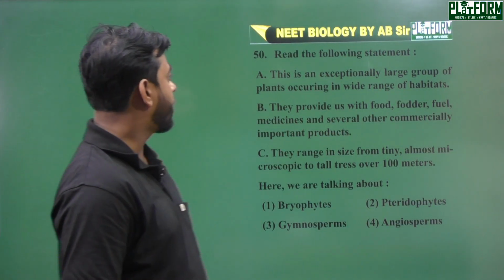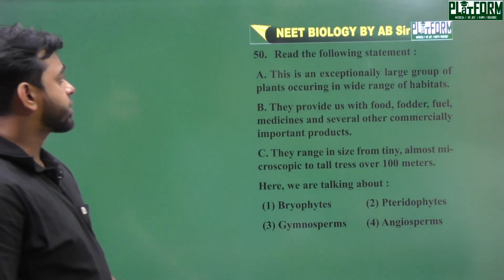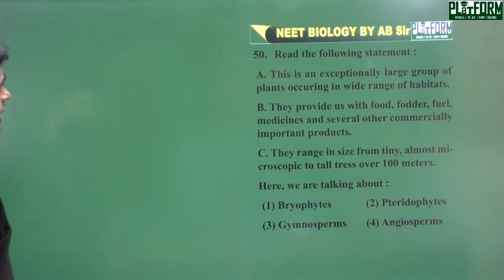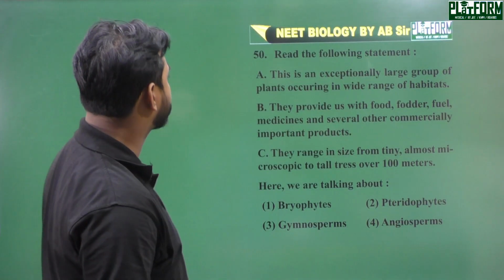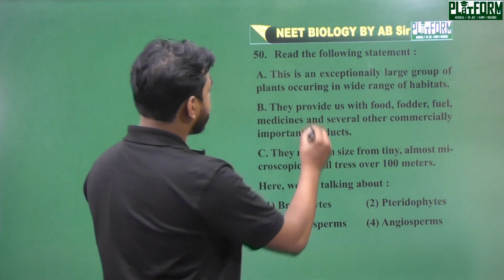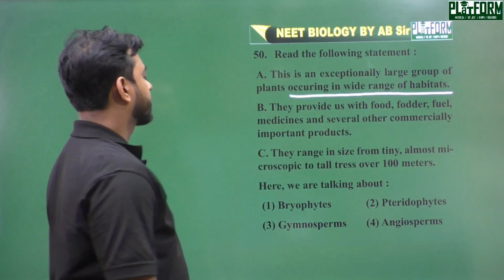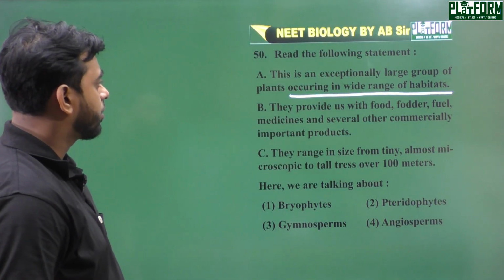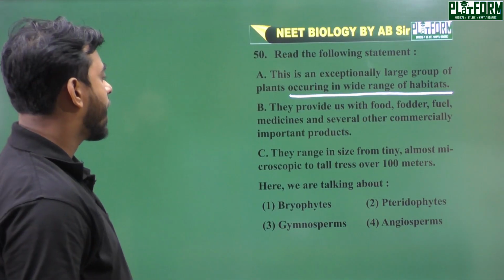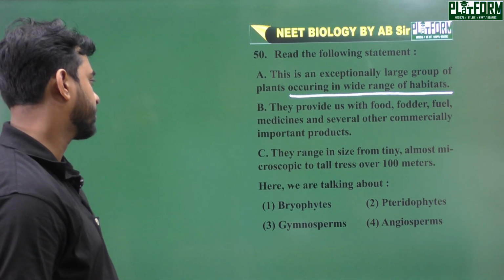Okay, move to our last question. This is a statement based question. Read the following statement. This is an exceptionally large group of plants occurring in a wide range of habitats. They provide us with food, fodder, fuel, medicine, and several commercially important products.